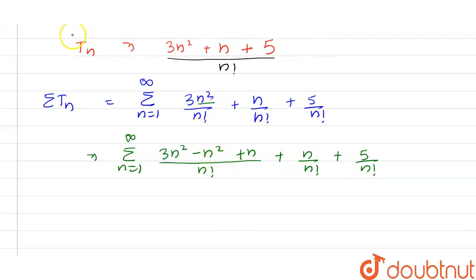From here, if we separate terms and take n common, we are adding n and subtracting n, so this is minus n plus n.